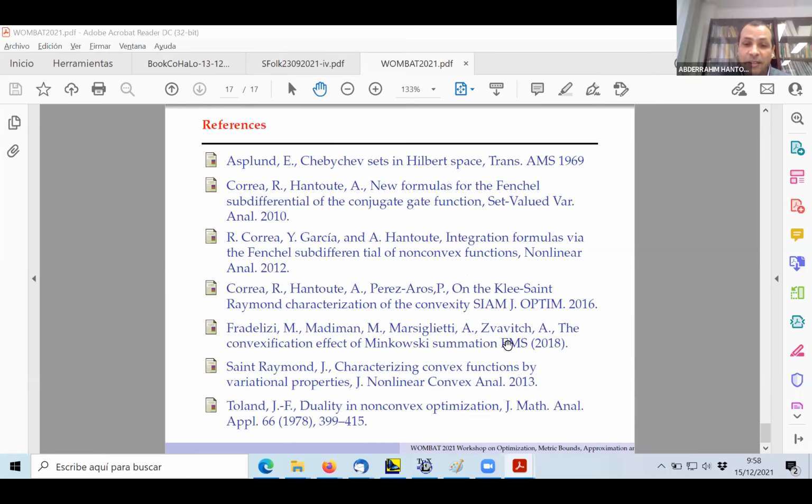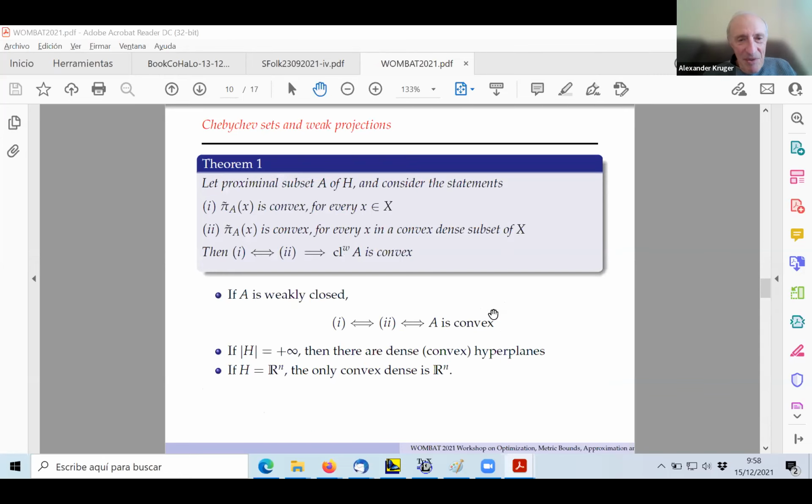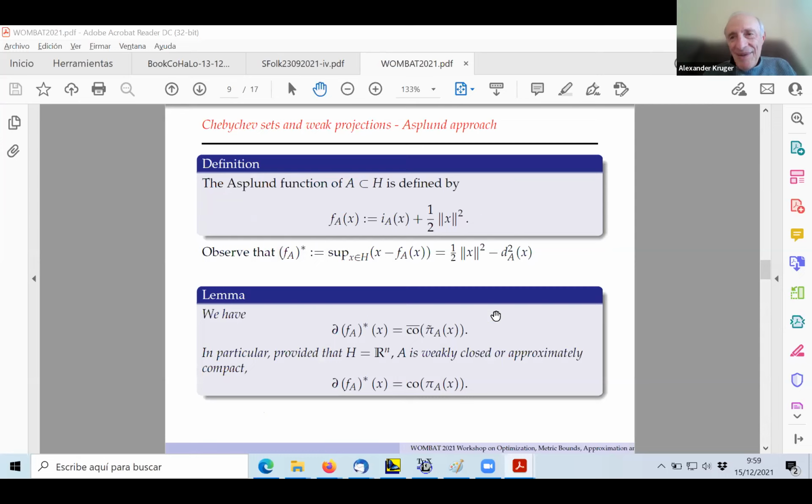Theoretically, you can formulate projections in any space, not necessarily Hilbert. Projections might look weird, but they still exist, for sure. Actually, the starting point of this result was this nice formulation of the conjugate of the Asplund function.